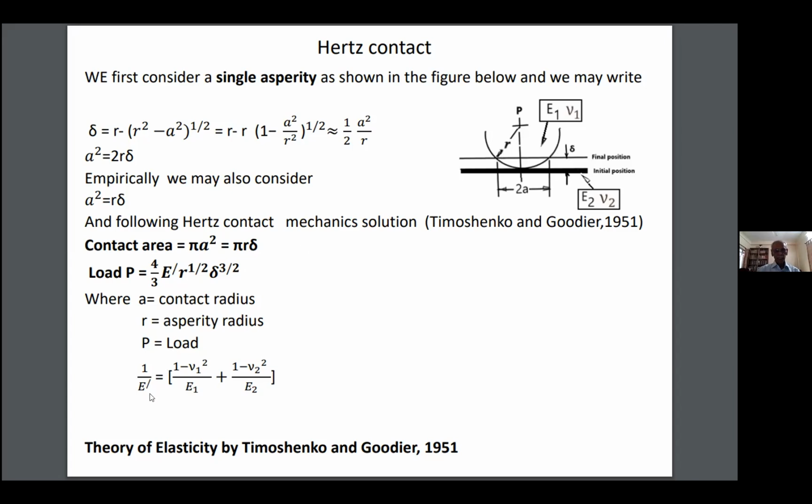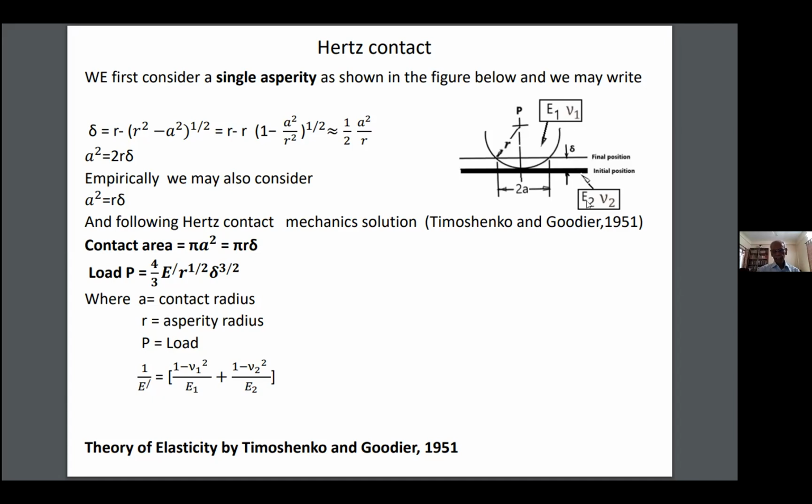P is the load, and E dash is the equivalent elasticity. We have got two surfaces. One is the hemispherical asperity, and let's say its elastic constants are E1 and μ1, the elastic modulus and Poisson's ratio. And let's take the two elastic constants for the flat surface as E2 and μ2.